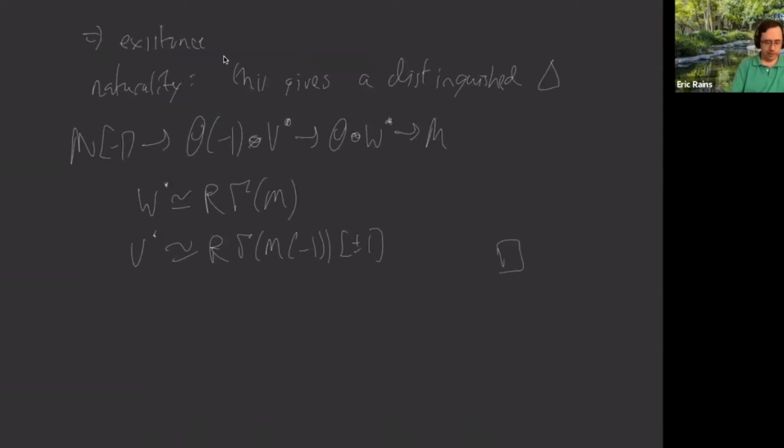Okay, and then we get a similar thing for M on a ruled surface. We get an analogous 5-term sequence.